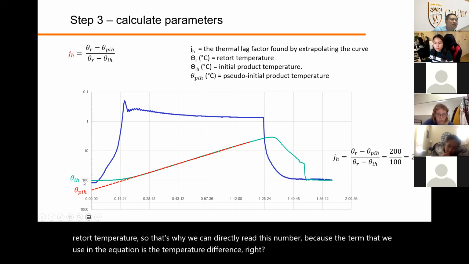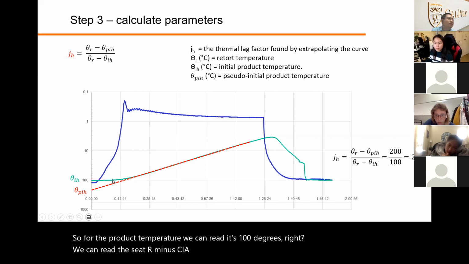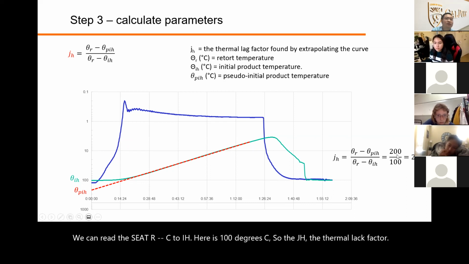For the product temperature, we can read theta R minus theta IH here as 100 degrees C. So the JH, the thermal lag factor, will simply be 200 divided by 100, which is close to 2. Do you guys get it?